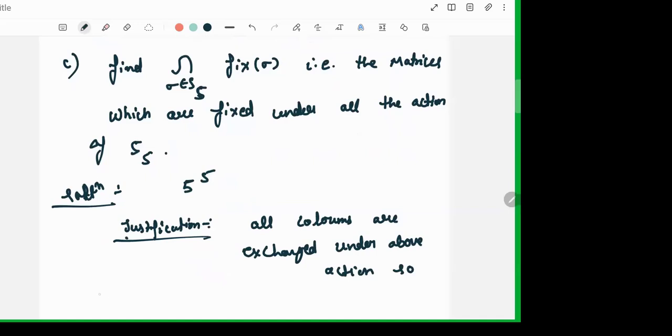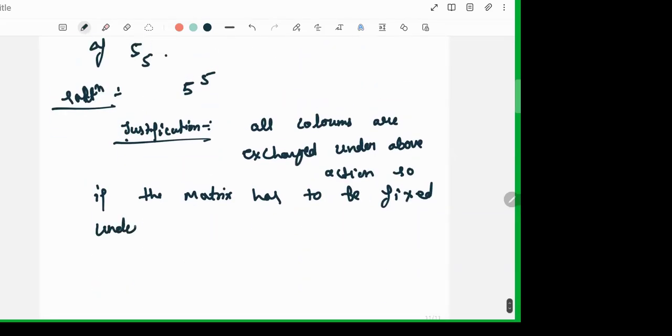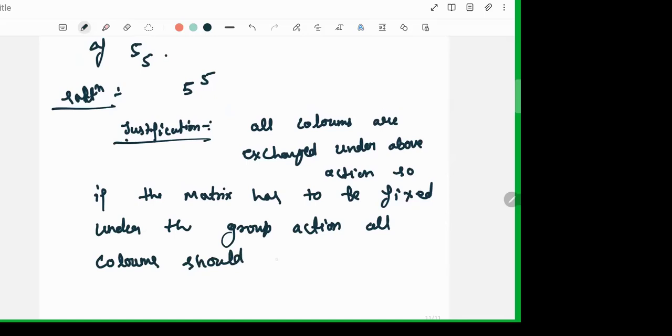So if the matrix has to be fixed under the group action, all columns should have the same entry.